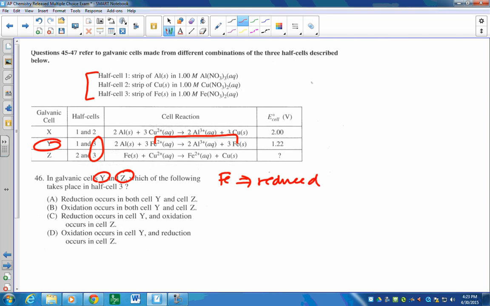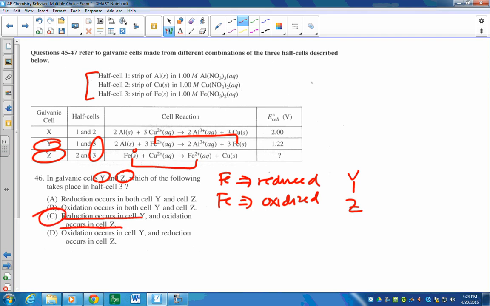And in galvanic cell Z, iron is going from 0 to +2, so iron is being oxidized. So reduction occurs in cell Y and oxidation occurs in cell Z, and that's the best answer.